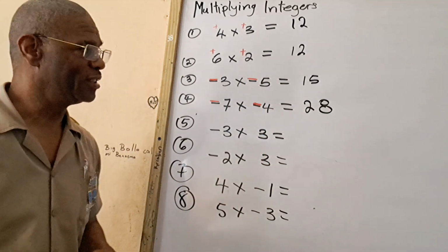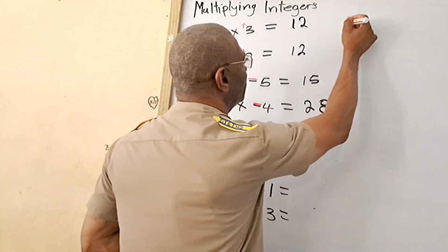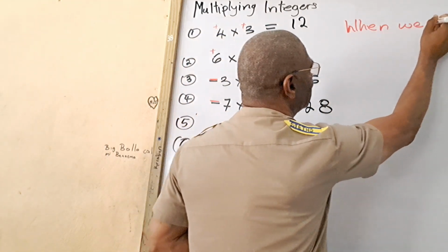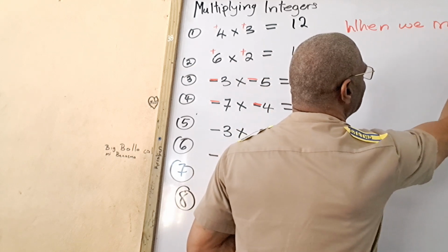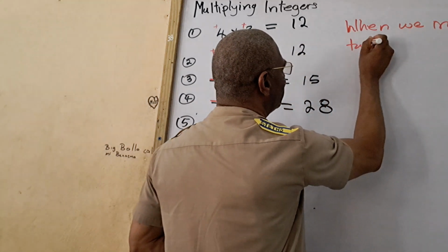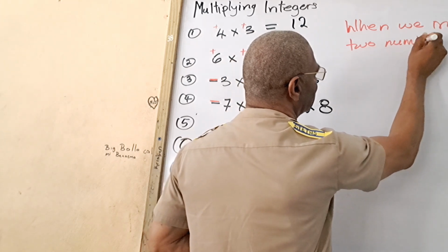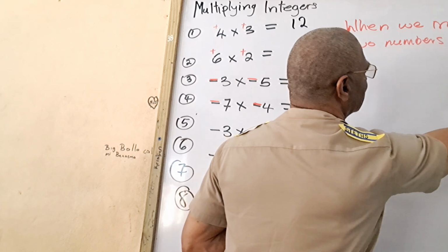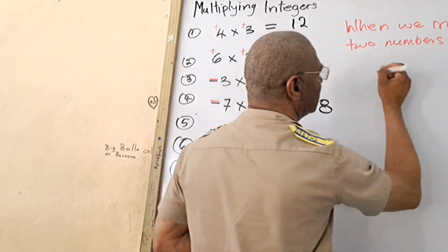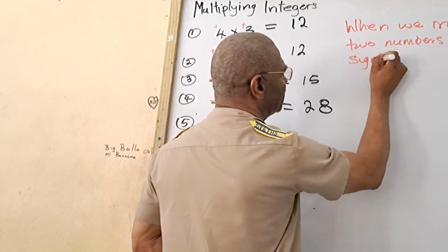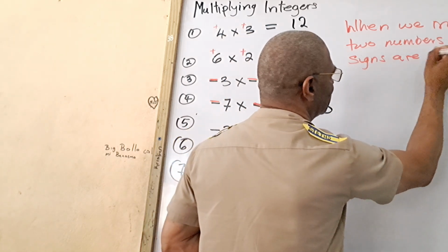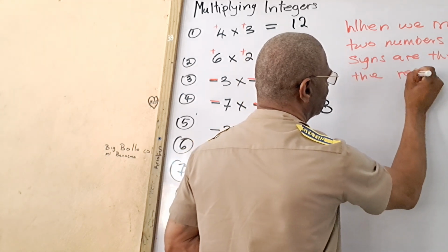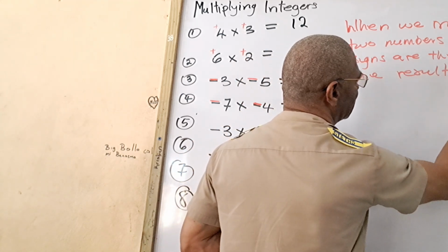So let me put that here. When we multiply two numbers whose signs are the same, the result is positive.